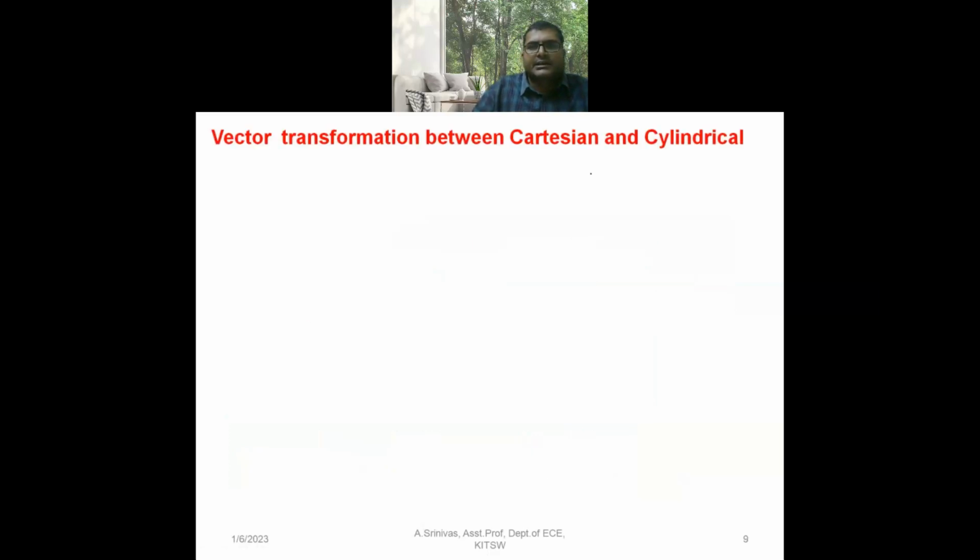Vector transformation between Cartesian and cylindrical coordinate systems. As we know, x equal to ρ cos φ, y is equal to ρ sin φ, z equal to z. The coordinate relation between Cartesian and cylindrical coordinate systems.